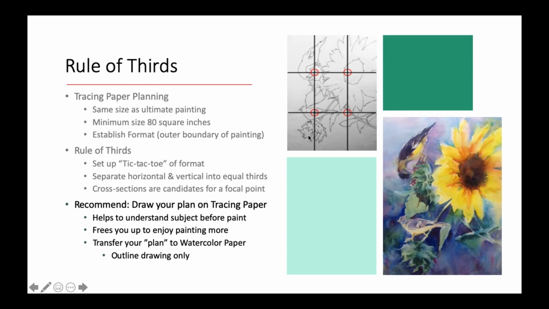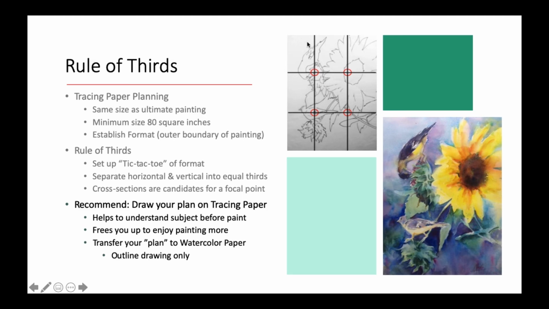And then you can outline your critical lines and then transfer that drawing to your watercolor paper so you have less lines on your watercolor paper and you don't have a bunch of erasing, because erasing actually does damage the paper a little bit. So then you only have to transfer the outline drawing to your paper. So it might behoove you to plan on paper where you can erase and adjust, and then when you finally make your decisions, you can just transfer the main marks.